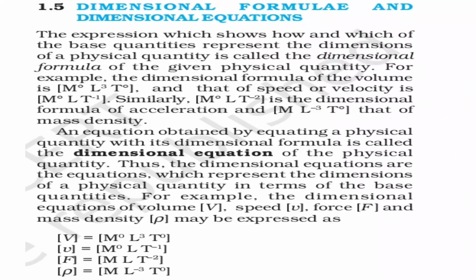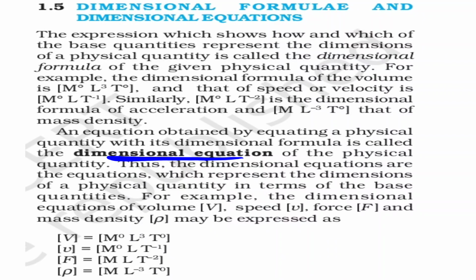An equation obtained by equating a physical quantity with its dimensional formula is called the dimensional equation of the physical quantity. Thus, dimensional equations represent the dimensions of a physical quantity in terms of the base quantities.